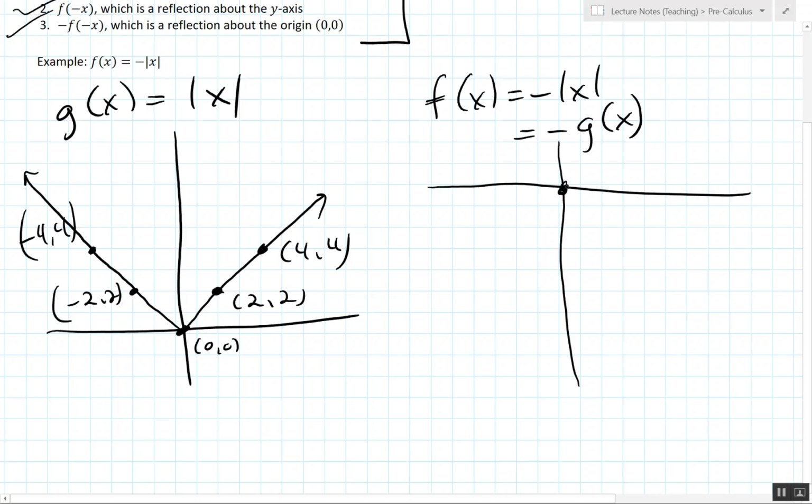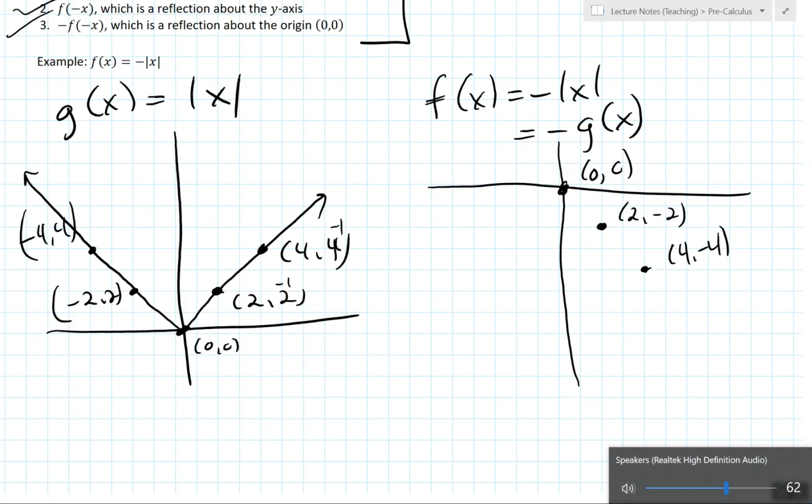And so we'll have the point 0, 0, since the y-coordinate here does not have a sign. If we multiply this one by negative 1, we'll get to negative 2, so we'll be right here. We multiply the y-coordinate here by negative 1, we'll get a negative 4, so we'll get 4, negative 4. And then the same thing on the other side.